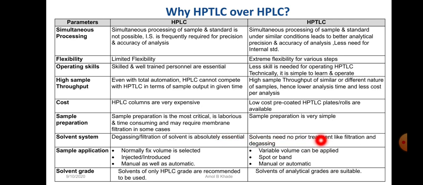Whereas in case of HPTLC, a variable volume can be applied and the sample can be applied in the form of spots or bands, and again manual as well as automatic application is possible. Then solvent grade, I have already told. In case of HPLC, we require HPLC grade solvents, and in case of HPTLC we require simple analytical grade solvents.